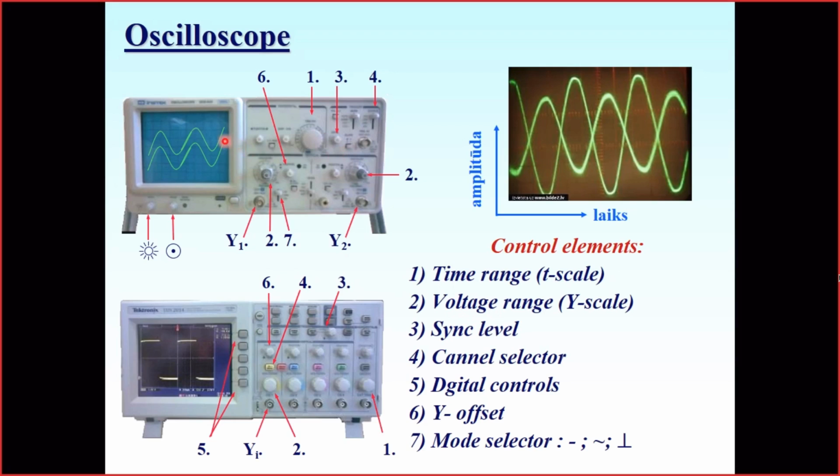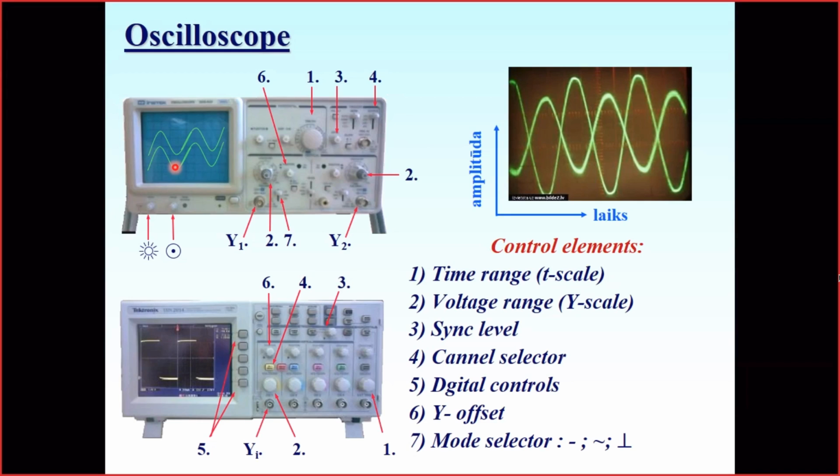The event which starts the sweep is when the signal amplitude reaches this preset synchronization level, and the signal is either growing or falling. It depends on the setup of the scope. Usually we set some level and a growing signal. Sometimes the falling edge may be of interest, and then it draws from the falling edge.